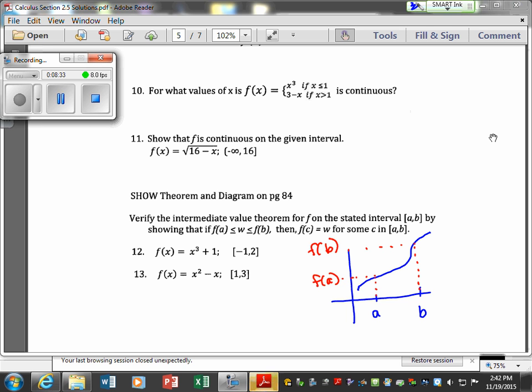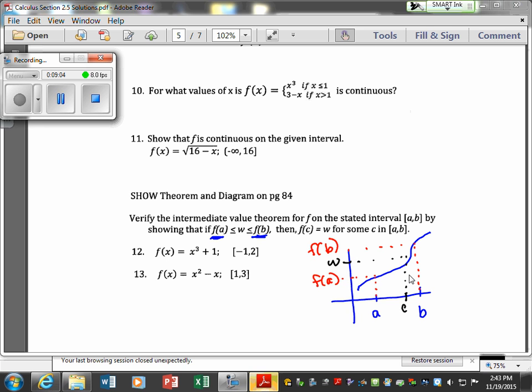What it's saying is if in between f of a and f of b there's some w, let's just say w in here, it could be anywhere between these 2 points, then there's some c in a and b such that when you evaluate f at c, it's going to equal w.